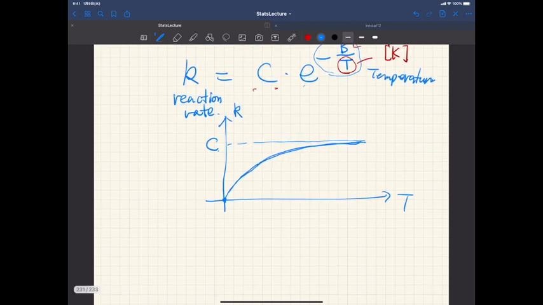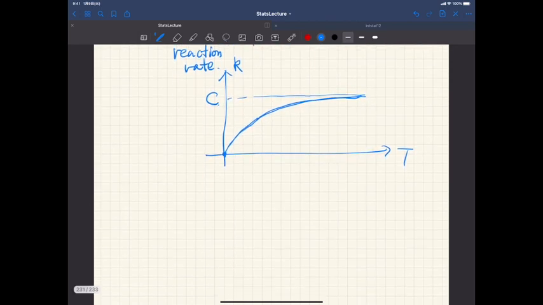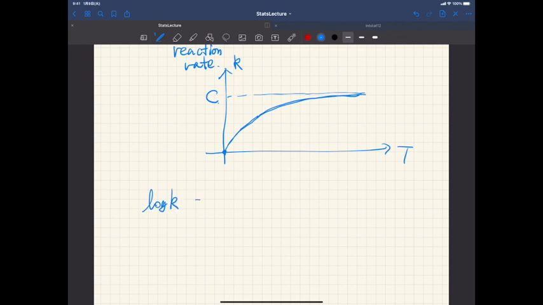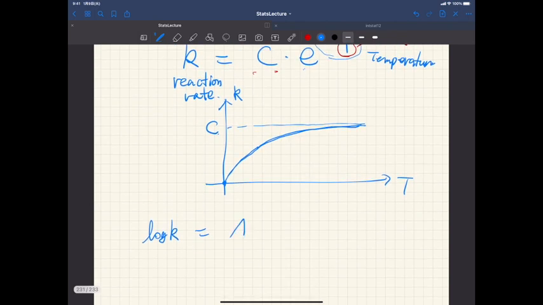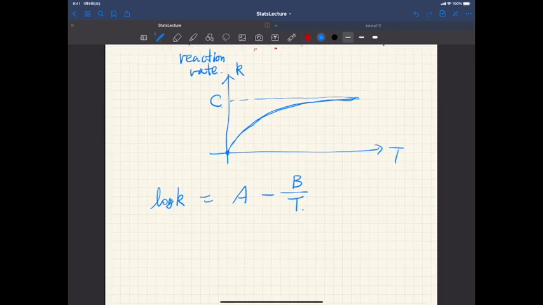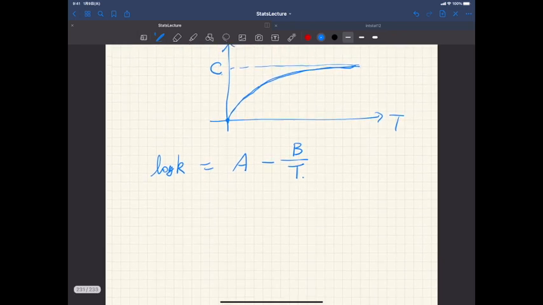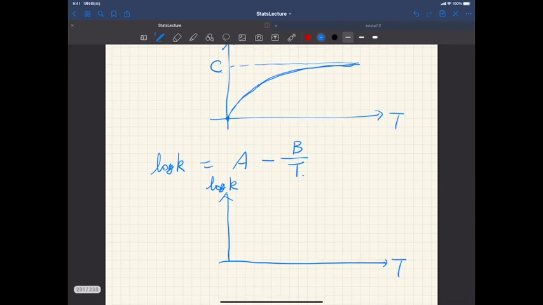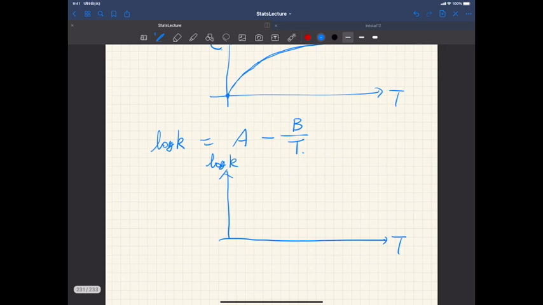But if you take the logarithm of both sides, we have log k equals some constant, which is log of C, minus b over t. So in this case, if you plot again, let's take t, and instead of k, we plot log k on the vertical axis. So how does this function look like?